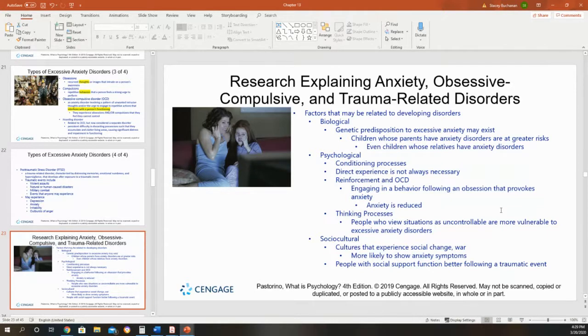And then finally, socioculturally, cultures that experience a lot of social change and war obviously are going to suffer from more anxiety symptoms, specifically PTSD. But luckily, people with a really strong support system function better after a traumatic event because they feel that they can share it with someone. They can have someone who understands to help them through the situation.